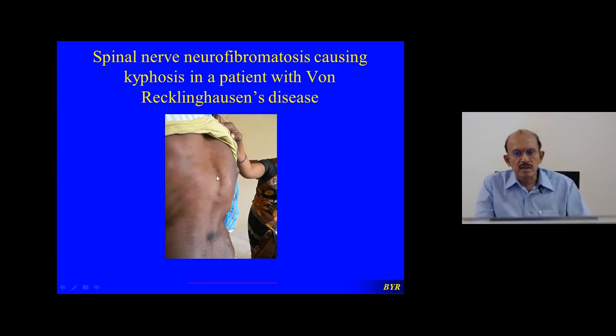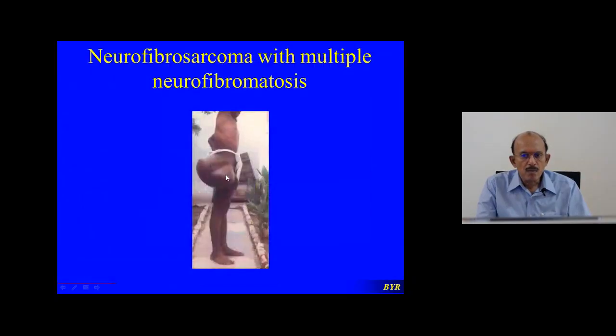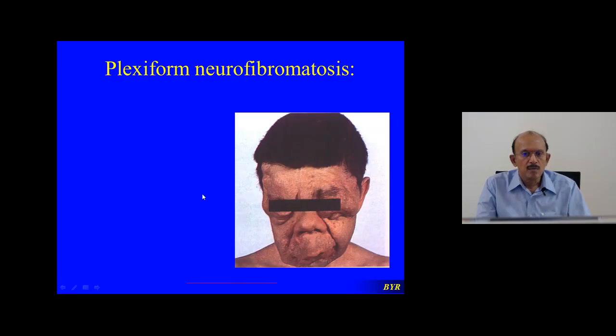Because of that, the vertebrae have got deformed, producing kyphosis here. You can see the kyphosis. So you can see the whole body will be riddled with neurofibromatosis. That is about multiple neurofibromatosis, also called von Recklinghausen's disease.